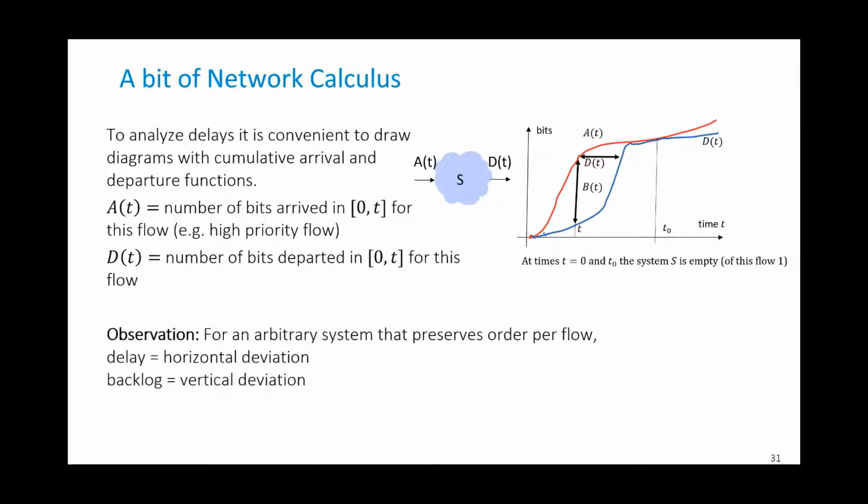Here I'm assuming there is no loss in the system. So we see the delay by the horizontal deviation between the input and output curves. Our interest is in having a delay bound, so whether there is a delay bound that is satisfied or not will be very easy to see.